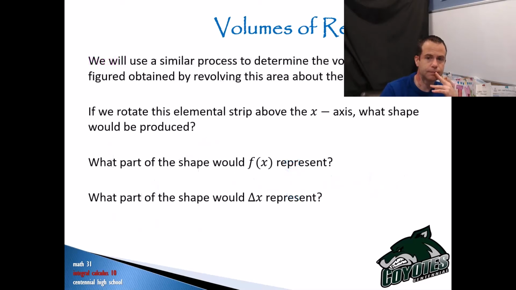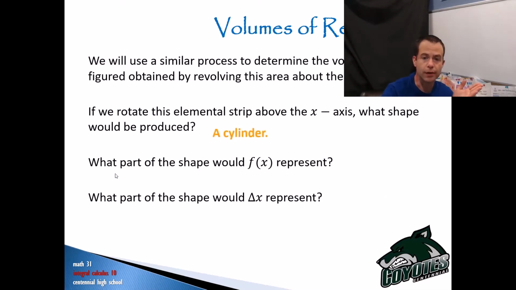Awesome. Now, let's think this through. We will use a similar process to determine the volume of a figure obtained by revolving this area about the x-axis. If we rotate this elemental strip above the x-axis, what shape is produced? Well, the shape that we produce is actually a cylinder.